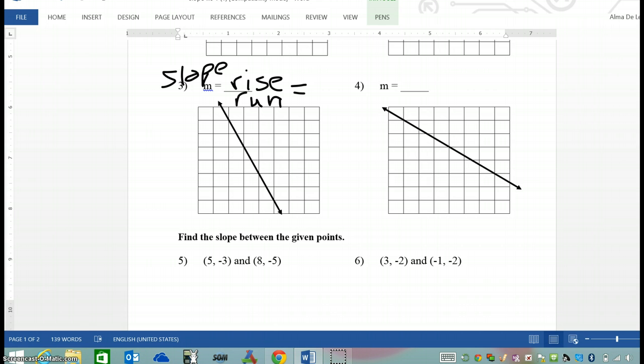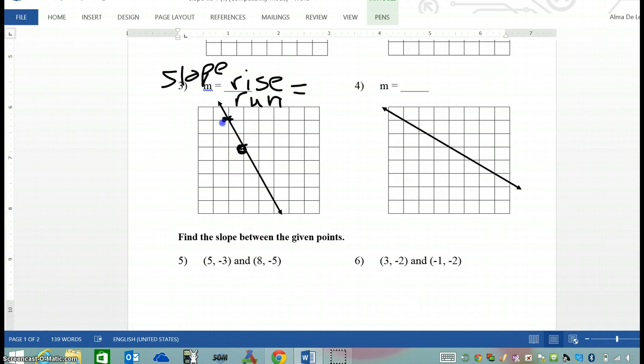And in order to figure out the rise and the run, we basically have to look at 2 points on our line. So I'm going to pick this point right here, and also this point right here.